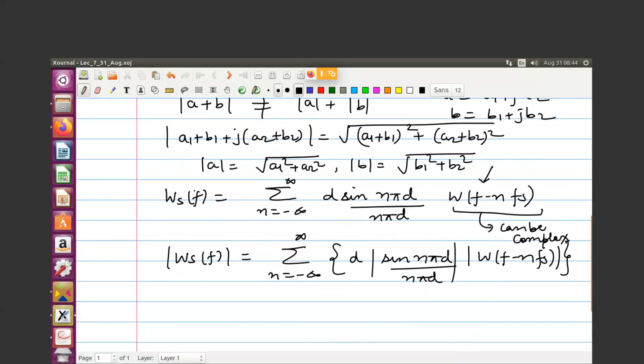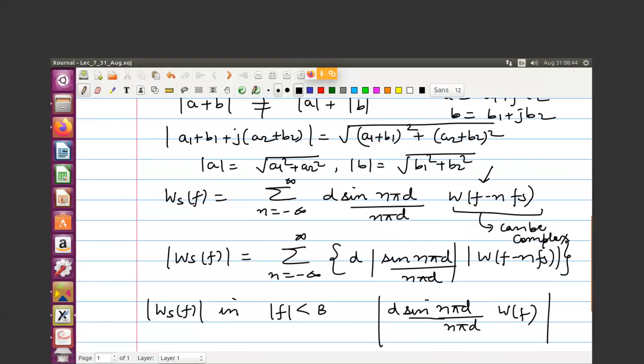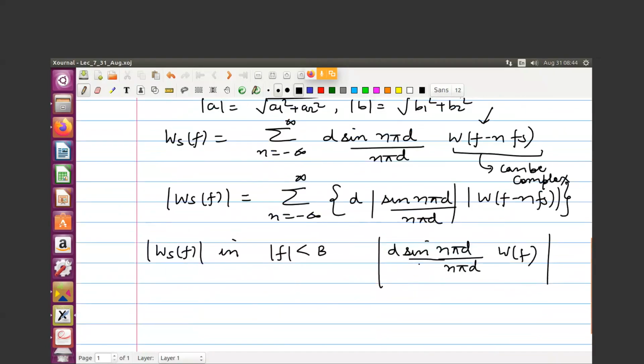Why? Because if I take the absolute value of W_s(f) for mod f less than B, there is only one term, that is d sin(n pi t) upon n pi t, times W(f). Okay, so there is only one term. Now, the absolute value of a product can be written as the product of the absolute values of each of the terms.